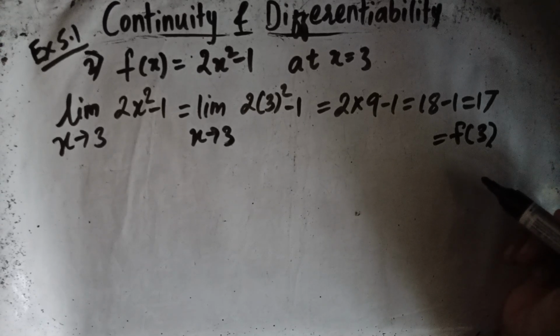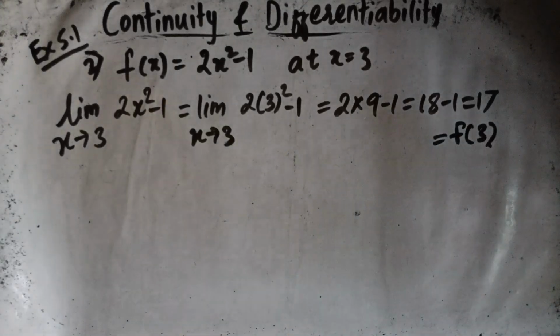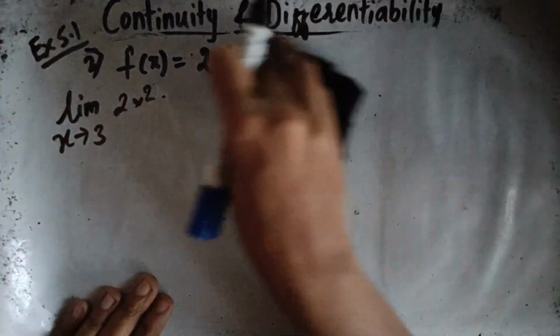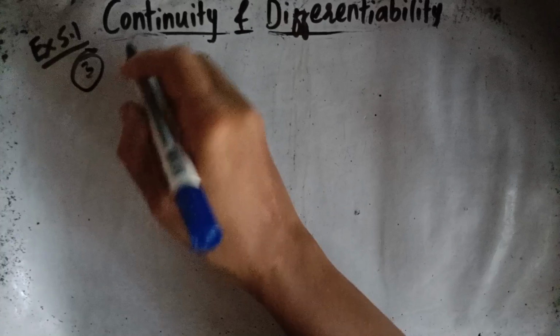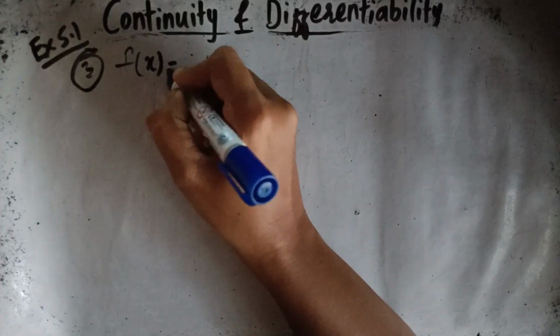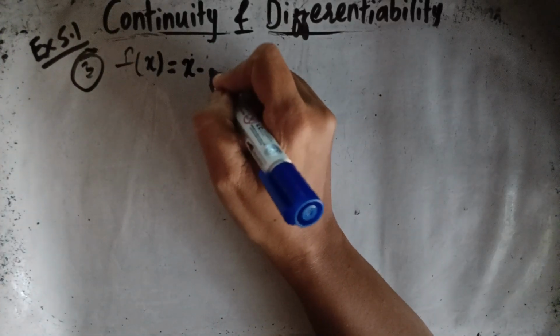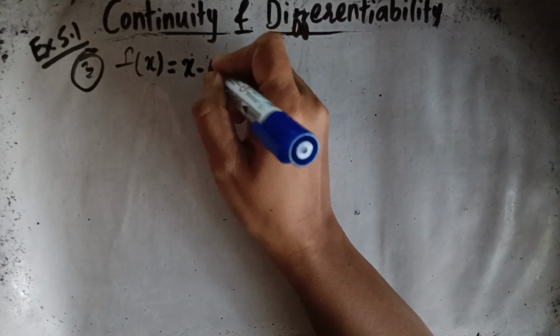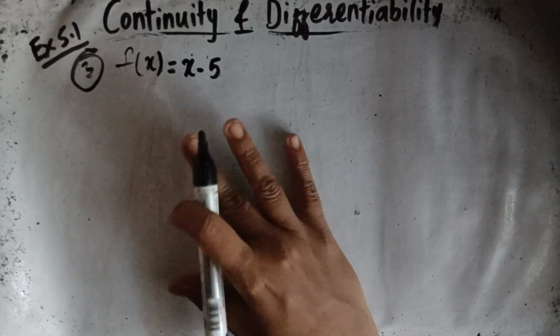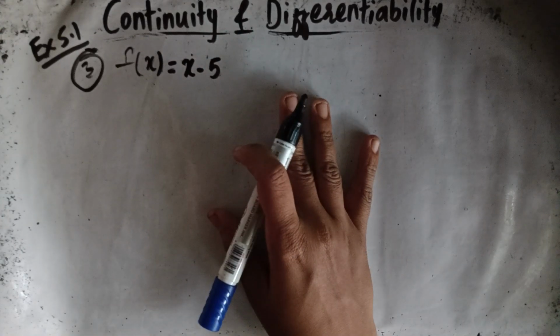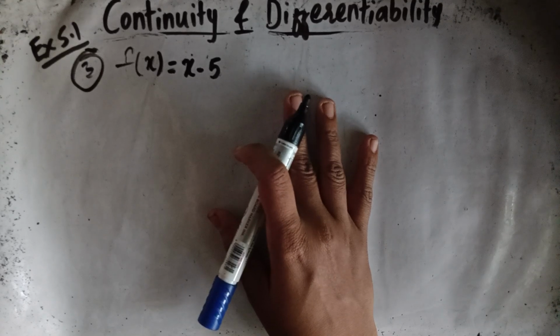Next, you have to examine the following functions for continuity. f of x equal to x minus 5. Here they have not given any specific value, so we have to take any other value, say some c.